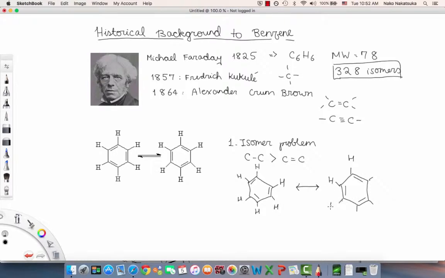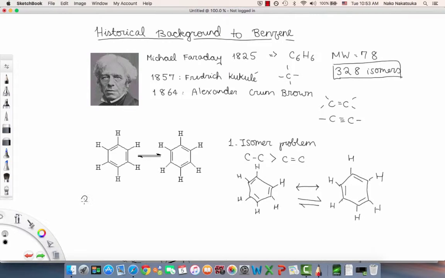And instead of the isomers, he was thinking that there was fast equilibrium that allowed these to shift back and forth. However, separate structures could not be isolated or detected, and regardless of the equilibrium rate, the carbon-carbon double bond was always present.